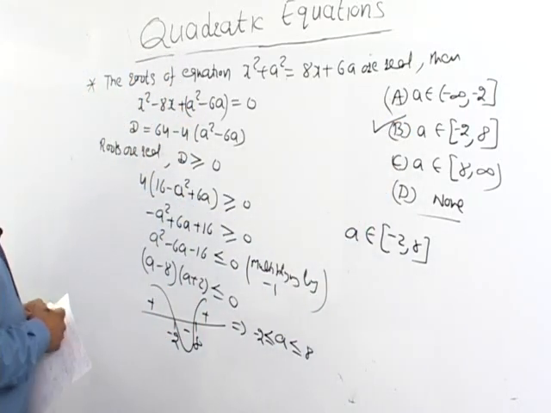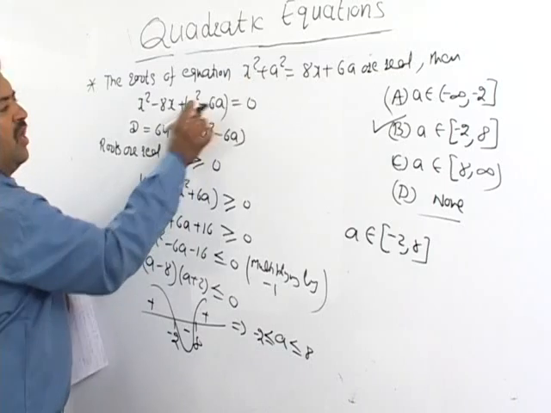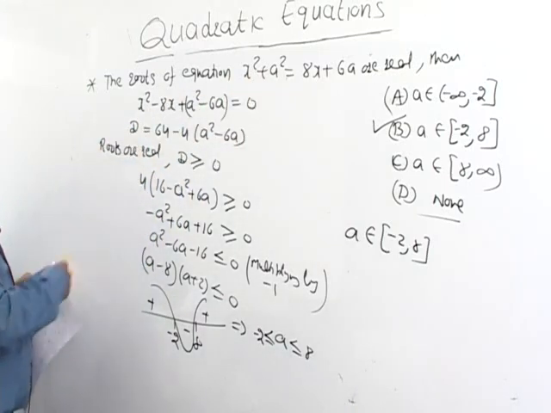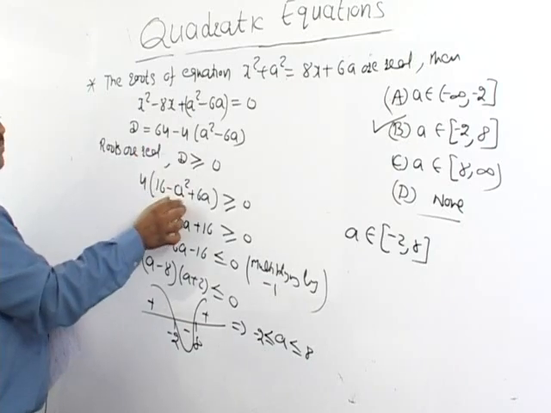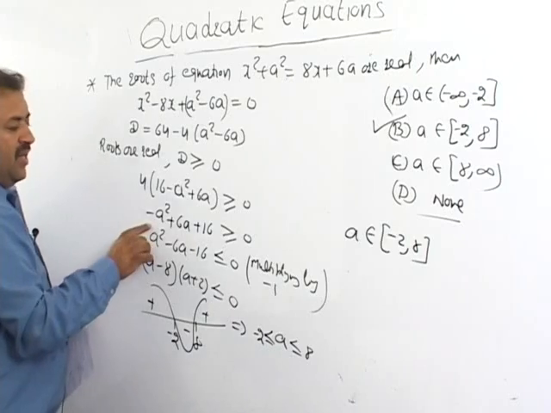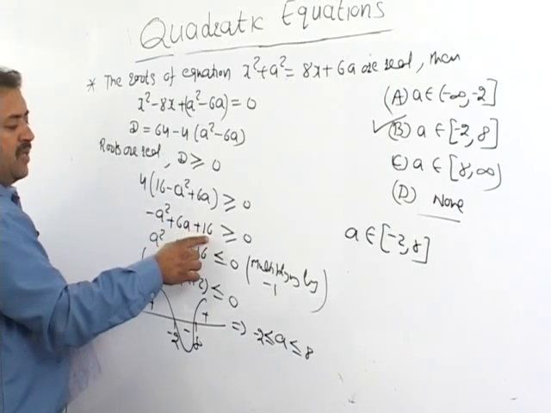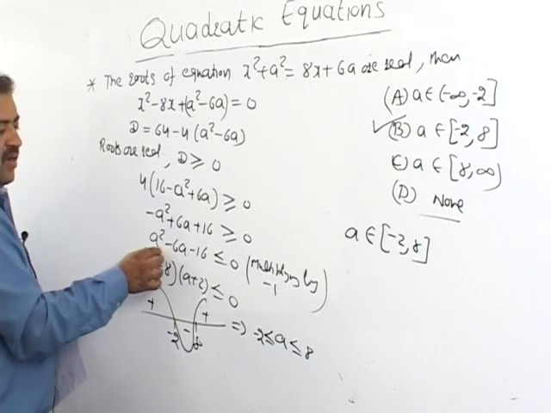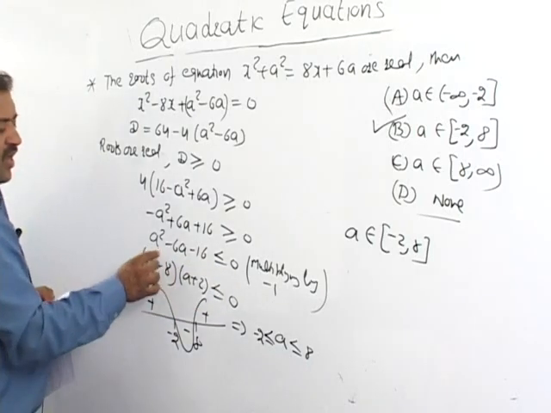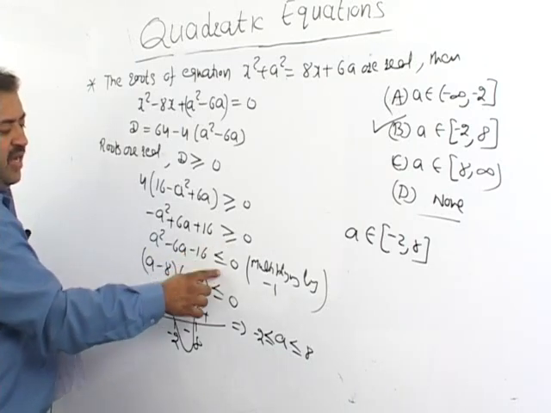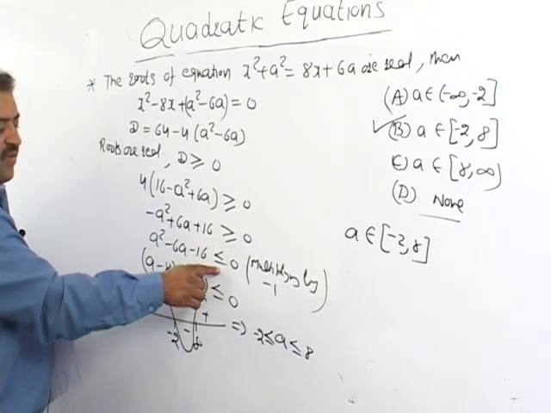Again we repeat it. We get a quadratic equation, we rearrange the things, then we find out the discriminant. The discriminant we got is 16 minus a square plus 6a greater than equal to 0, that is minus a square plus 6a plus 16 greater than equal to 0. We multiply by minus 1 and we get a square minus 6a minus 16 less than 0. Here the sign of inequality is reversed.